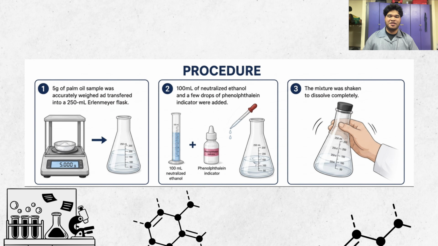So the next is the procedure. The first step is 5 grams of palm oil sample was accurately weighed and transferred into a 250 ml flask. The second step is 100 ml of neutralized ethanol and a few drops of phenolphthalein indicator were added. The third step, the mixture was shaken to dissolve it completely.